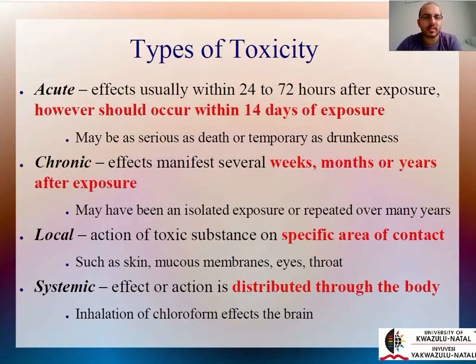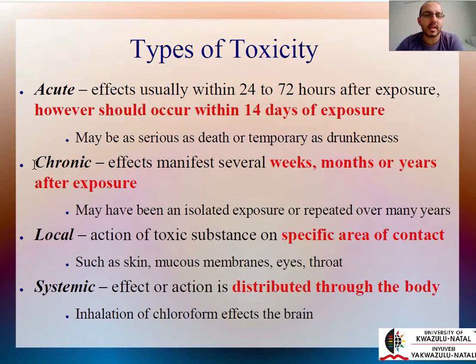Okay, types of toxicity. Right, further definitions. Acute toxicity refers to an exposure to a toxin that's usually within 24 to 72 hours. However, it can be up to 14 days of exposure. And it may be as serious as death or as temporary as drunkenness or dizziness.